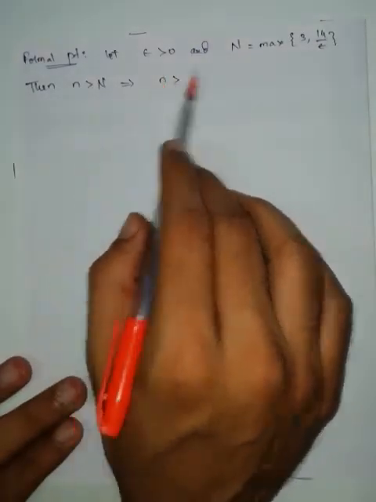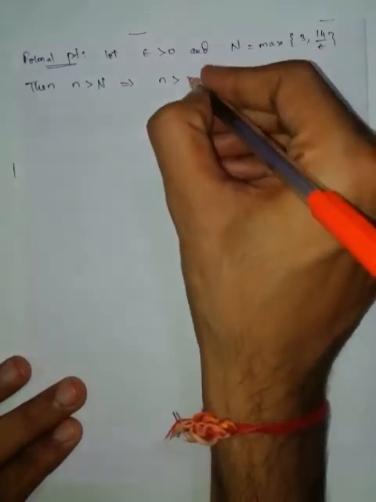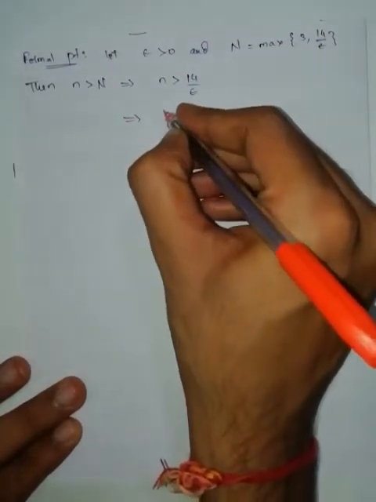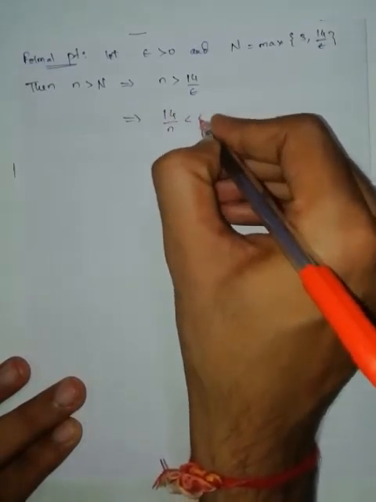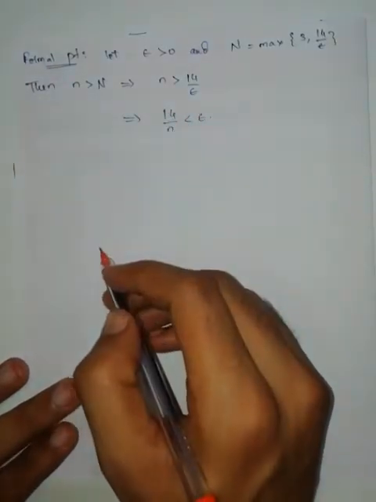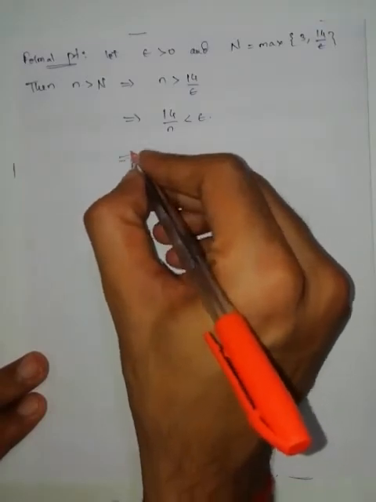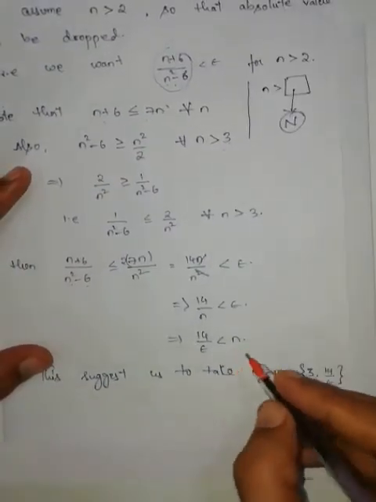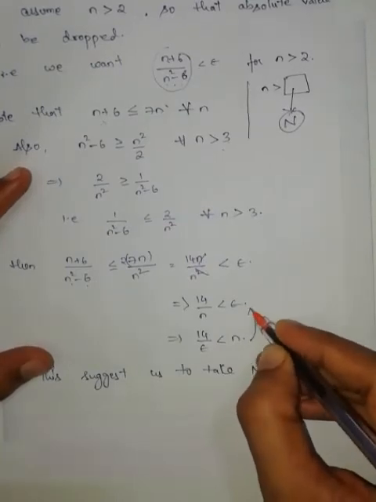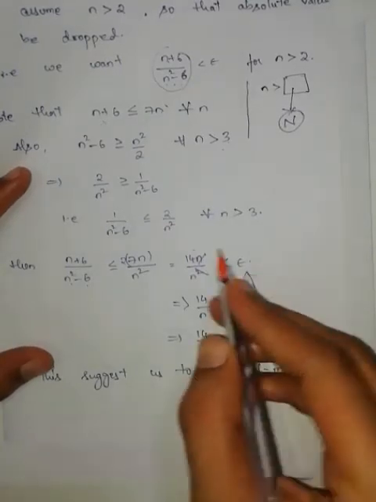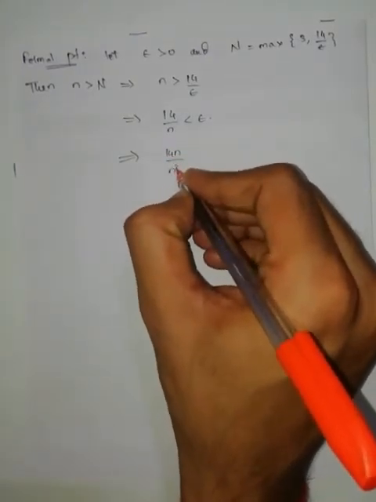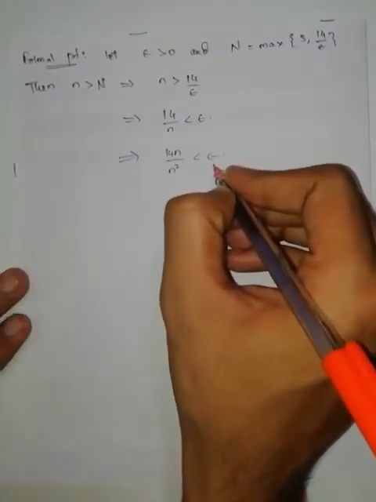If I take 14/epsilon, from this step I will get that 14/n is less than epsilon. Now I am going to again cross multiply, just repeating this statement: 14n/n² is less than epsilon.